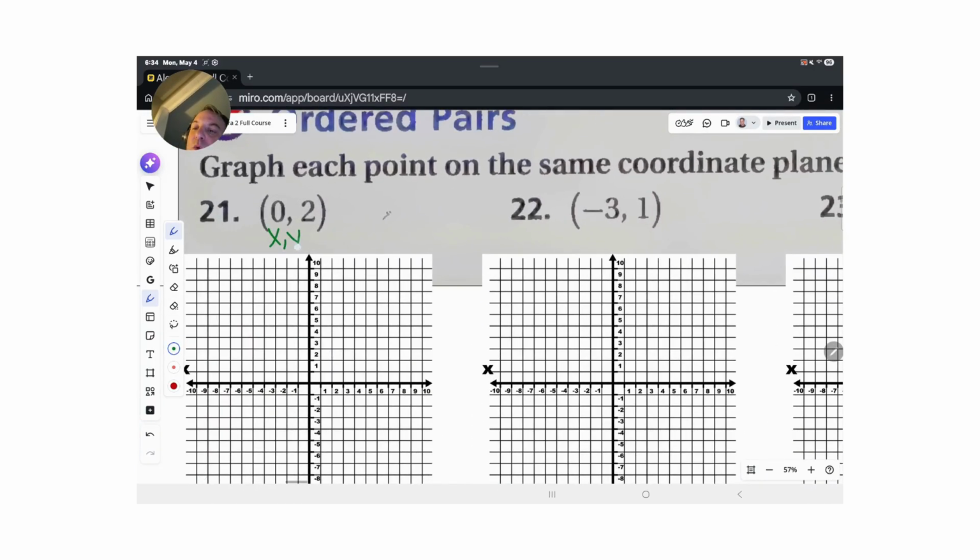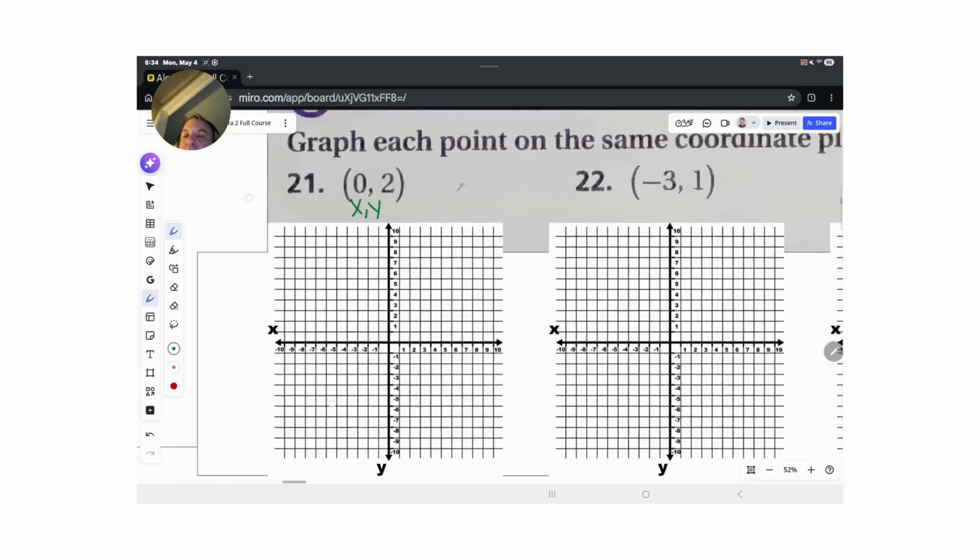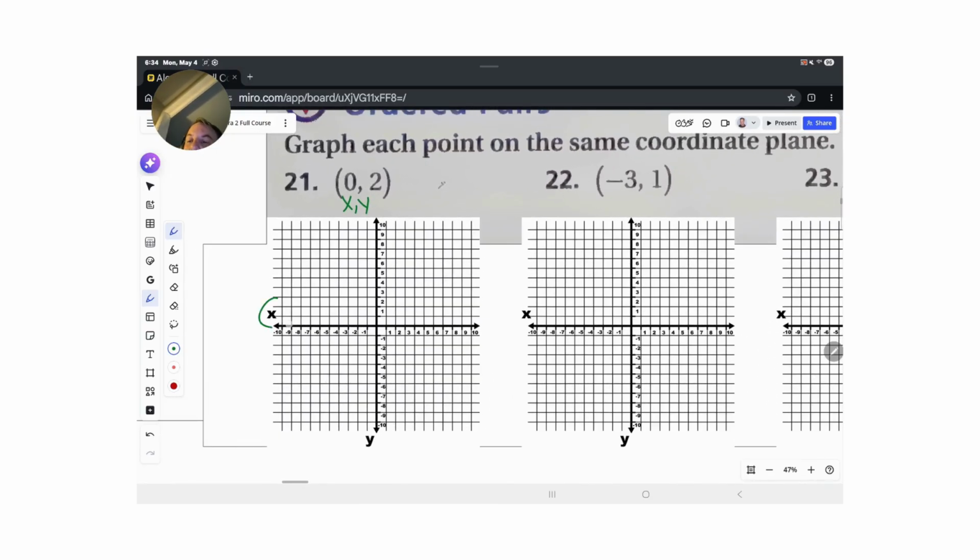It goes X, Y. All right, here's our X-axis. As a refresher, here's our Y-axis, so we can remember which direction we're going in and where we start. All right, so we're going to walk through each point here. Let's begin with 0, 2.